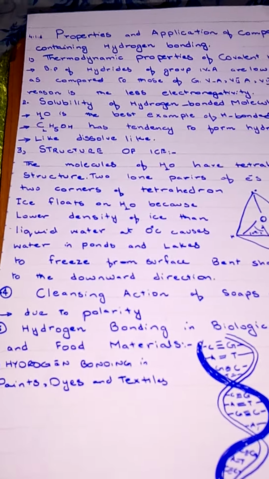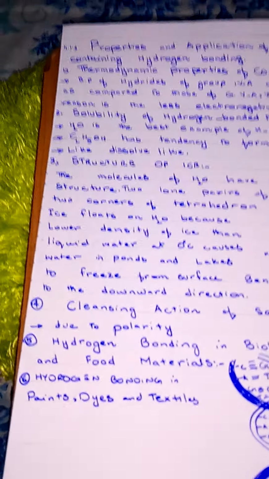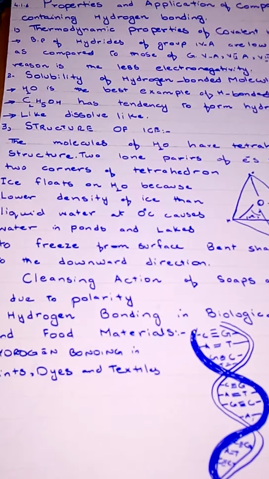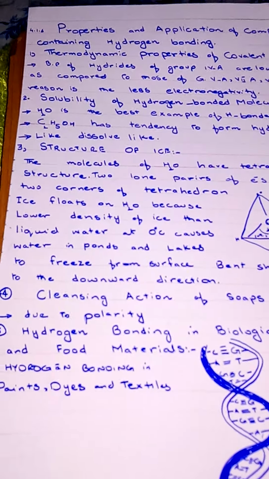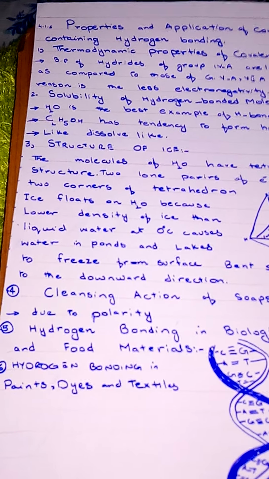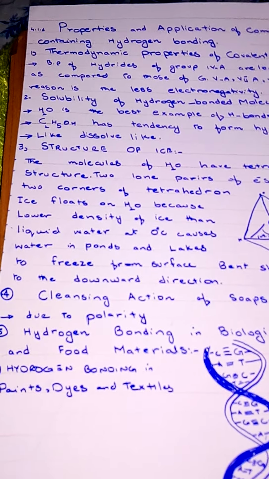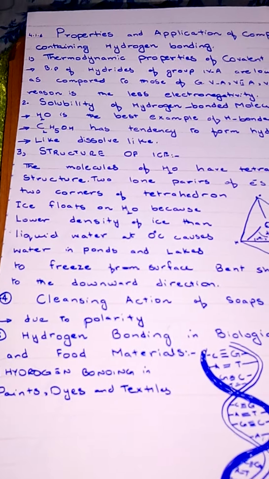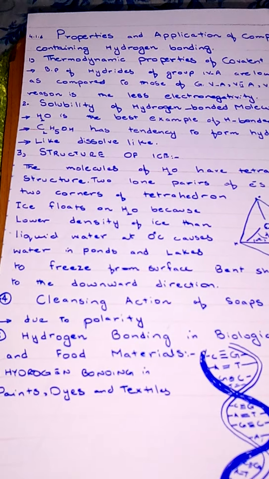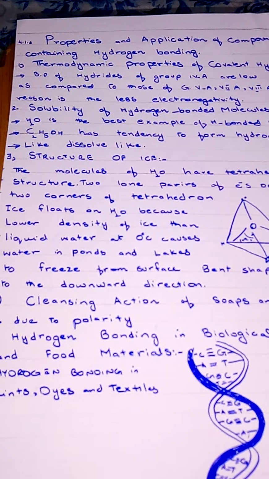Number 5, hydrogen bonding in biological compounds and food materials. Hydrogen bonding exists in the molecules of living systems. Proteins are an important part of living organisms. Fibers like those found in hair, silk, and muscles consist of long chains of amino acids. These long chains are coiled about one another into a spiral.